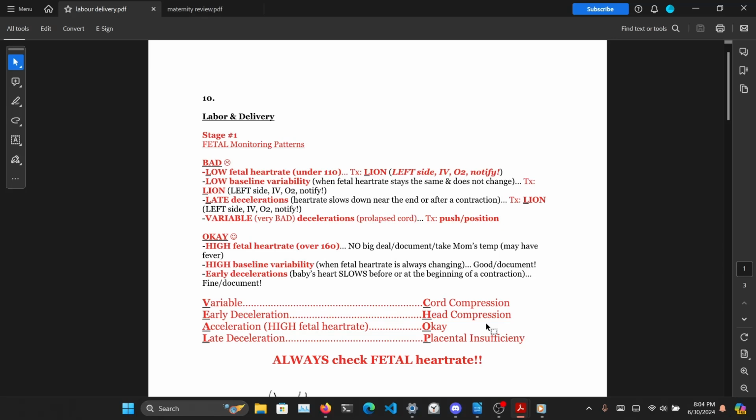I don't think a question comes on mechanism of labor, but you can see what happens first. First happens the engagement of the baby, like the fetus will go into the mother's pelvis and reach the ischial spine. After that, descent is the further going, like the fetus will go through the pelvis.